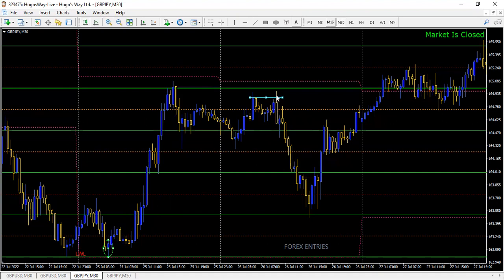You can enter at the top, or you can wait until price breaks the neckline for a safe entry. Price closed below. Me, I'm not entering, because I don't want to get in the middle of my zone. As you can see, price can come back and test the neckline of the M.